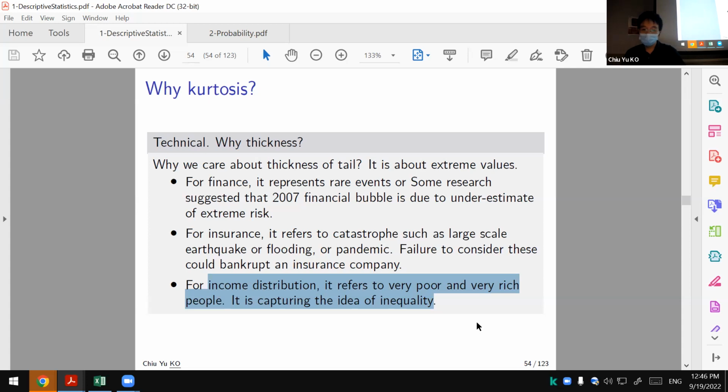So that's why a lot of the time people argue about how to model an income distribution in the society. If you use the normal, then it would not work very well, and you have to use a certain kind of distribution, Poisson or even negative binomial or whatever it would be, or an extreme value distribution. There are many ways to do it, but looking at kurtosis is very important.